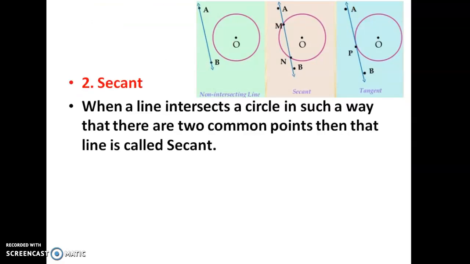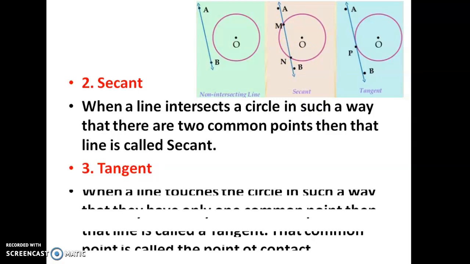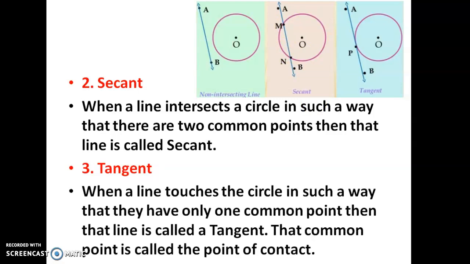Secant: when a line intersects a circle in such a way that there are two common points, that line is called a secant. One line intersecting the circle at two different points is a secant. Last is tangent. When a line touches the circle in such a way that they have only one common point, that line is called a tangent.